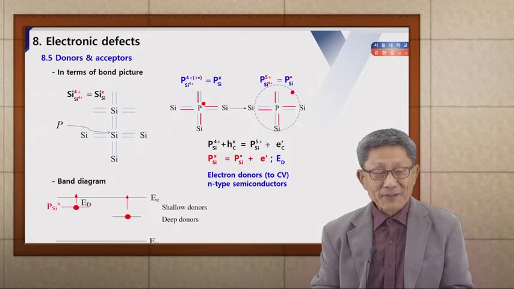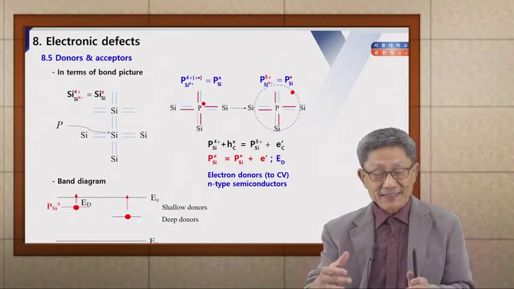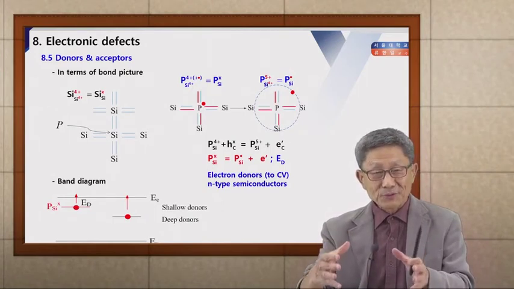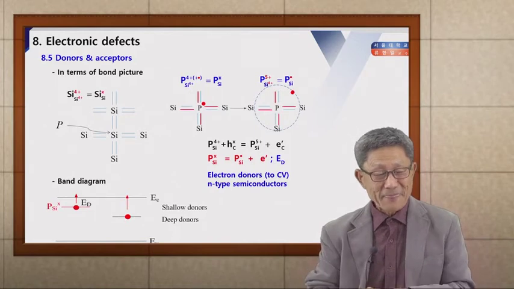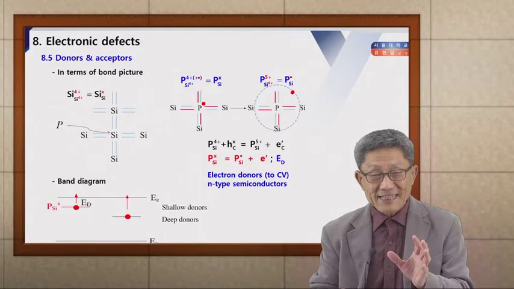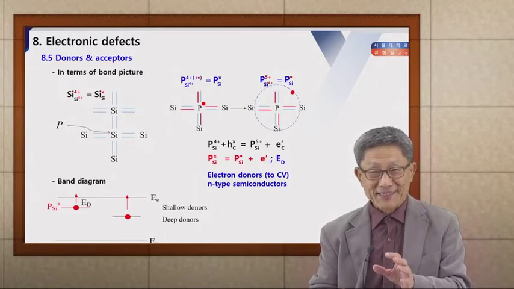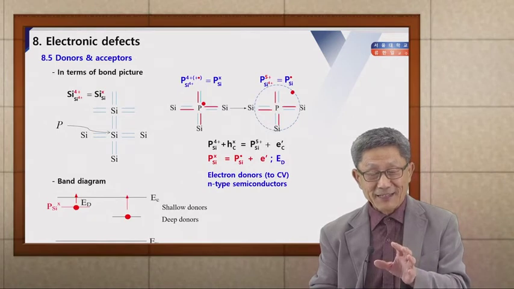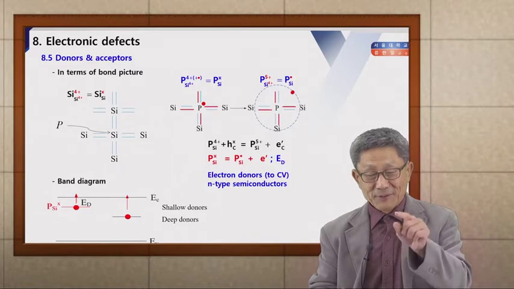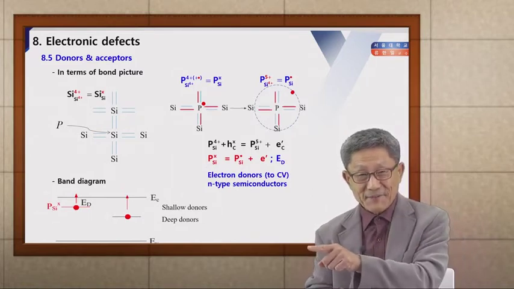Okay, up to now, we learned the electronic defect of intrinsic origin. By intrinsic origin, I mean defects are formed only due to the entropic effect. Okay? There are also electronic defects of extrinsic origin. You know what extrinsic origin means. When we learned ionic defect structure, we plotted ionic defect concentration against reciprocal temperature.